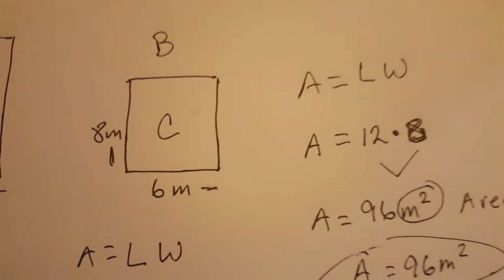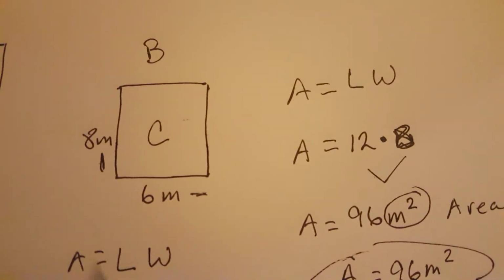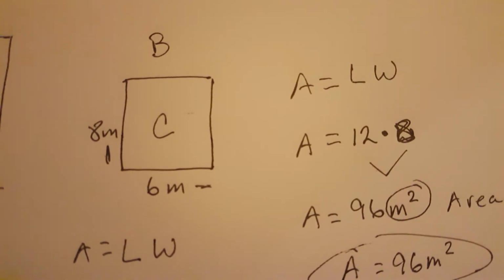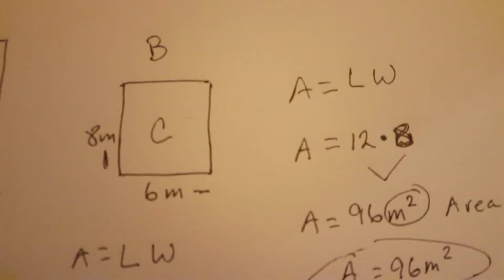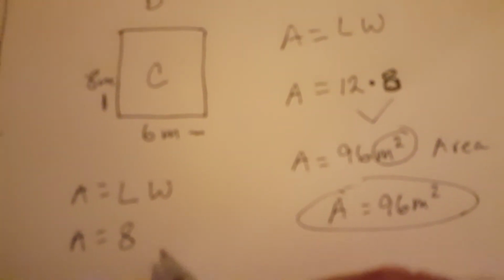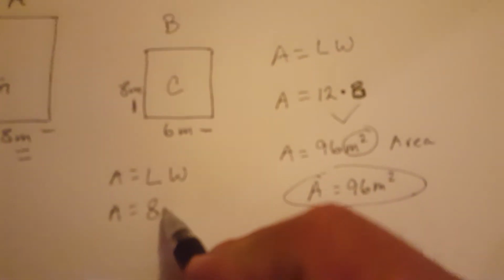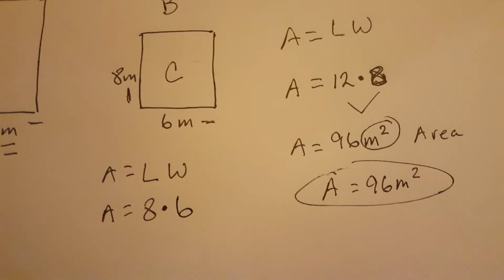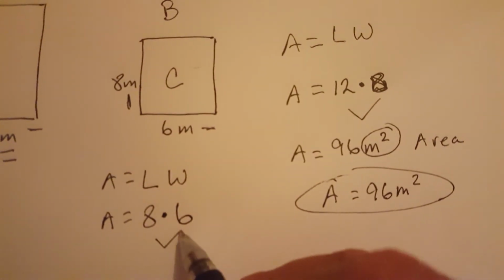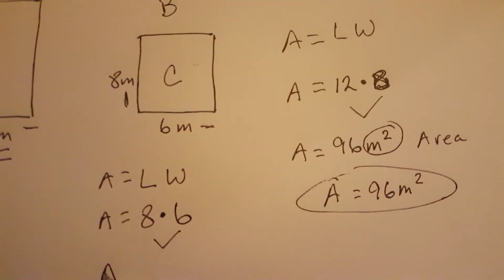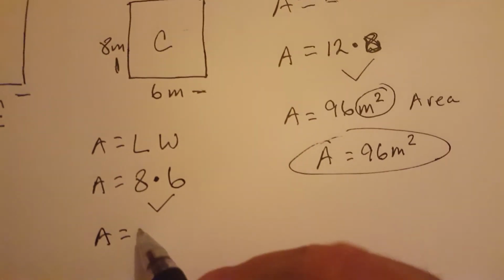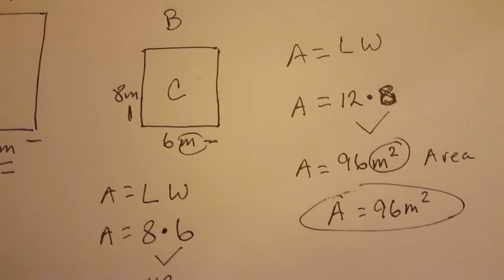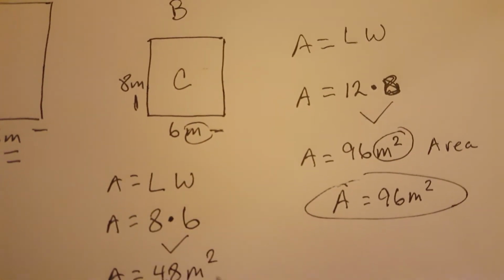When we looked at this, we indicated that the length would be 8 meters. So it's 8. Area equals 8 times 6. So if we multiply that together, ladies and gentlemen, we have area equals 48. We also have meters on both of them, so it's meters squared.